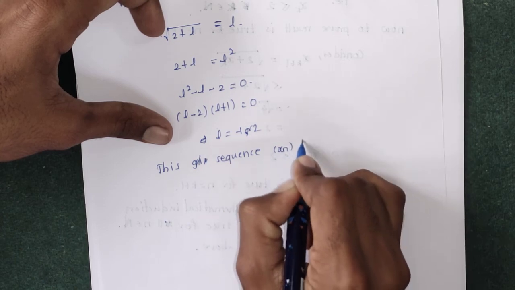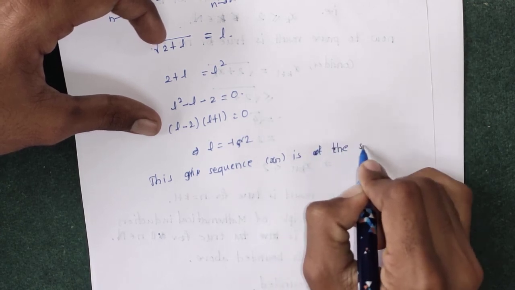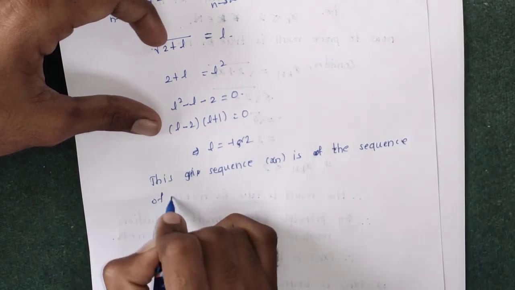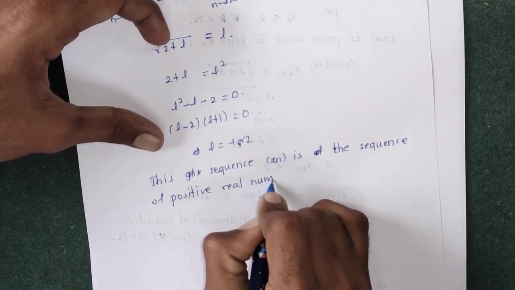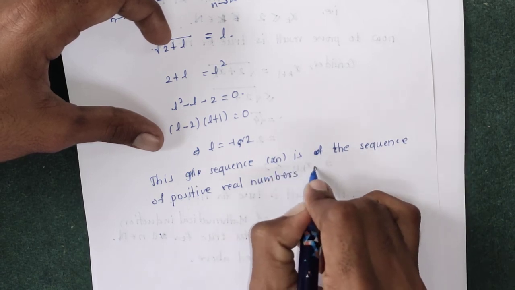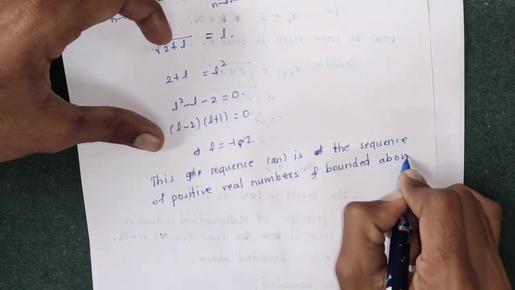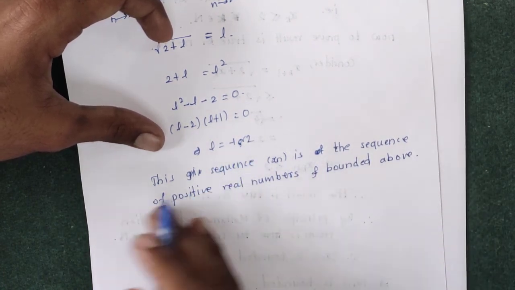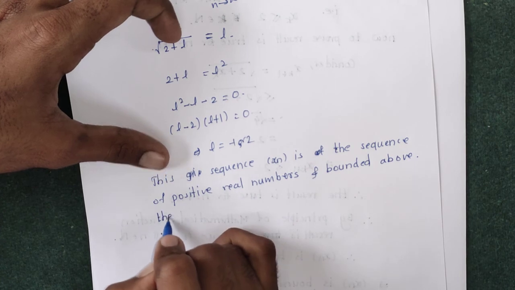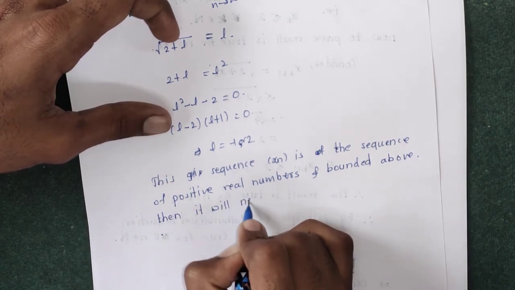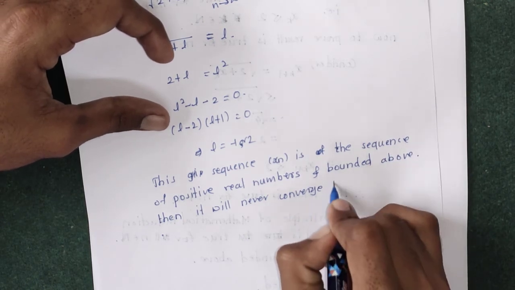The sequence xn is a sequence of positive real numbers and bounded above, so it will never converge to minus 1.